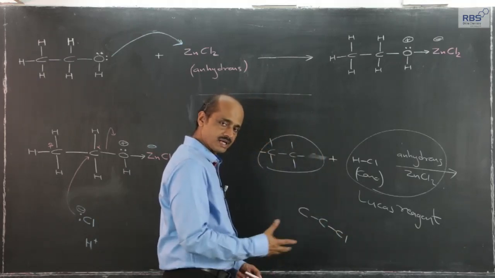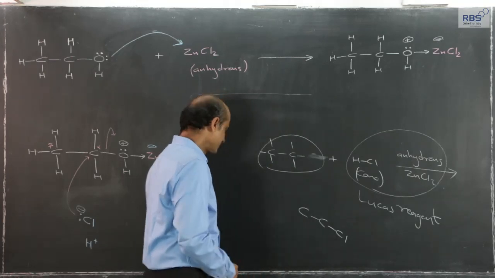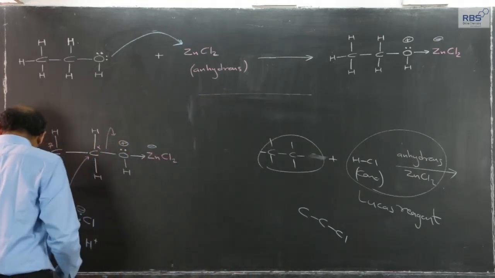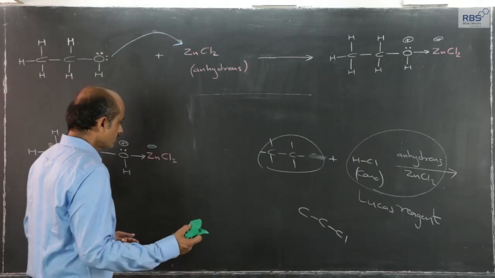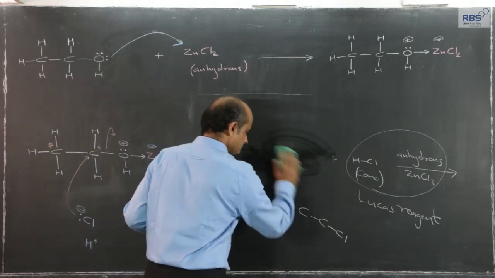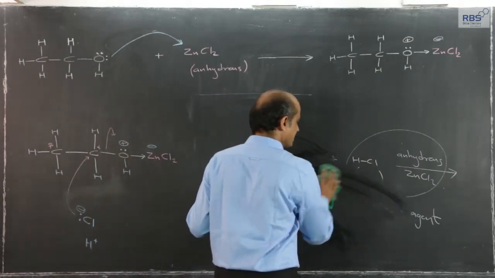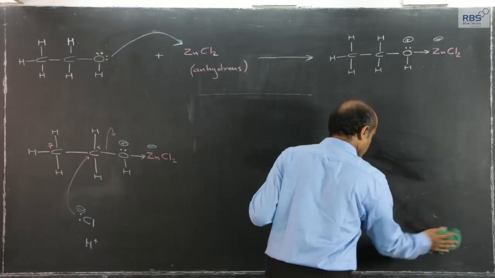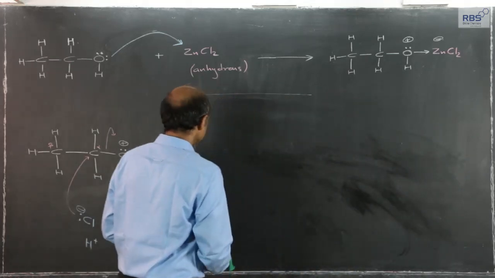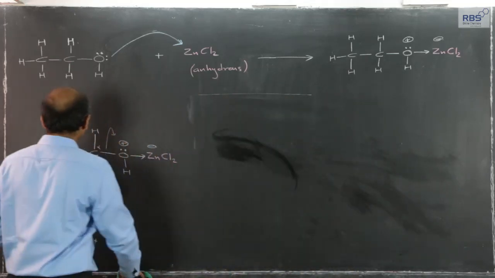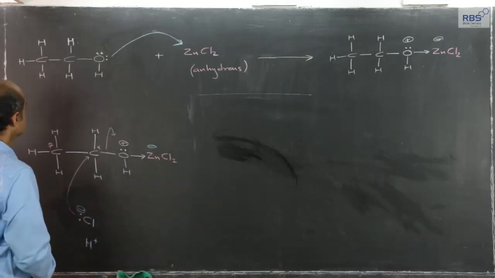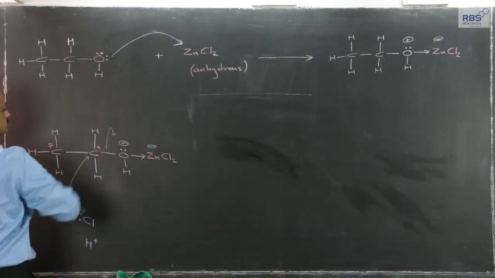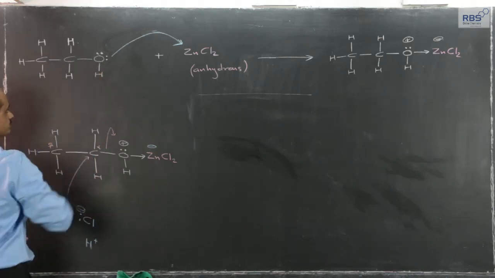How this happens, the mechanism, the steps, let us now consider. For the sake of saving your time, I have already written the skeleton, or certain part, on the board. Ethyl alcohol, 2 lone pairs of electrons, OH group.